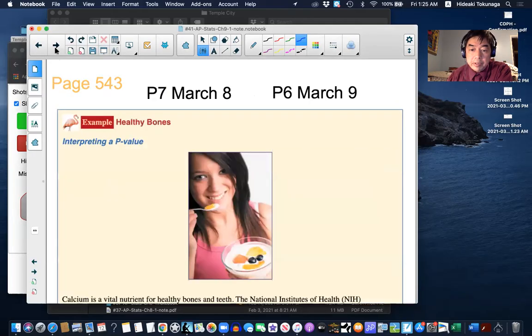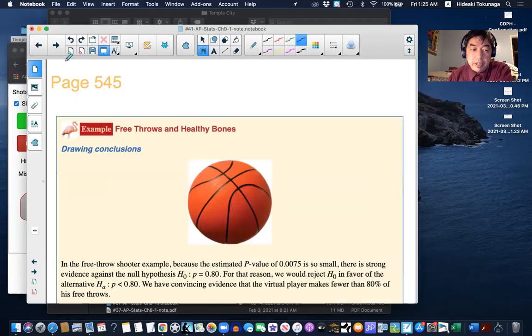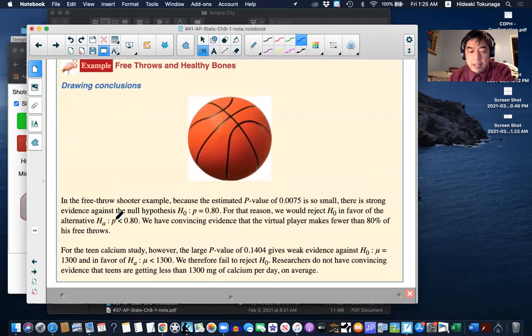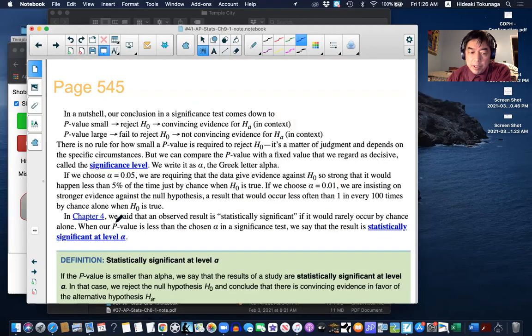Basketball question was right here. Yeah, the null hypothesis is p equal 80. Alternative hypothesis p is less than 80. And if I claim alpha level, I wonder if you remember significant level.